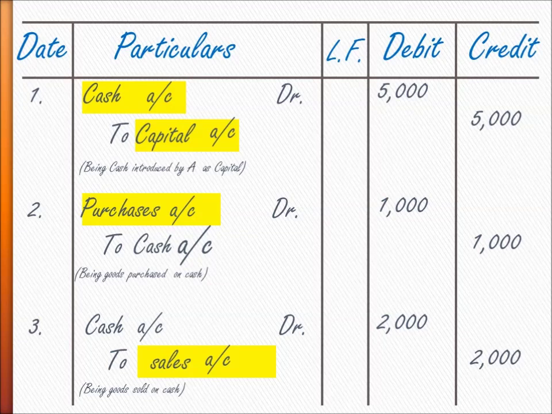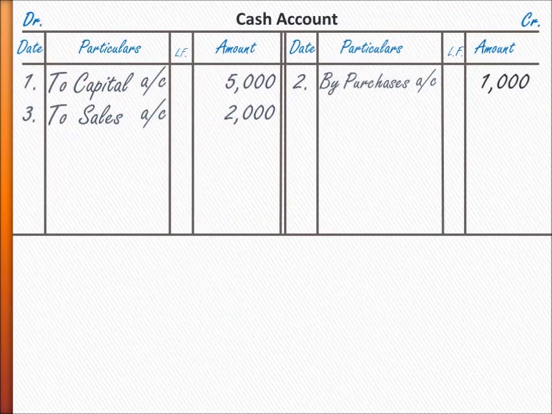Now come to the cash account. There are 2 items on the debit side, 5000 and 2000, and on credit side there is only 1 item, that is rupees 1000.